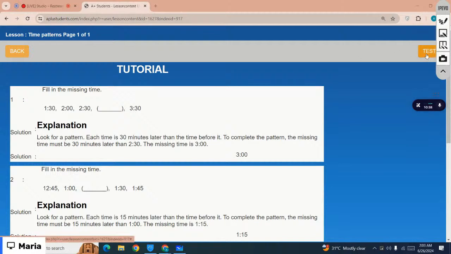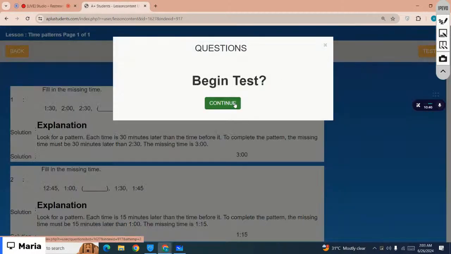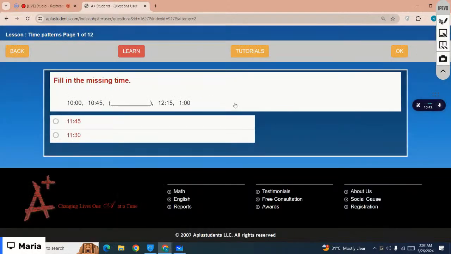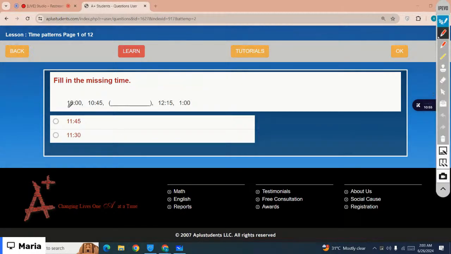Let's start with the test question. Basically, the patterns are exactly the same as the patterns we do with numbers, right? So let's start with the test questions. The first one is fill in the missing time. You have 10, 10:45. So the difference between 10 and 10:45 is 45 minutes.